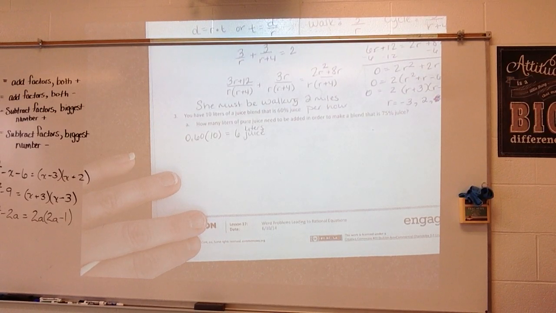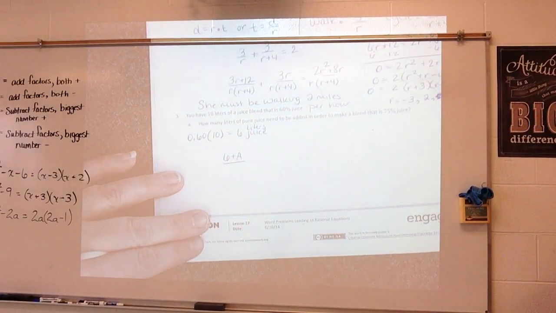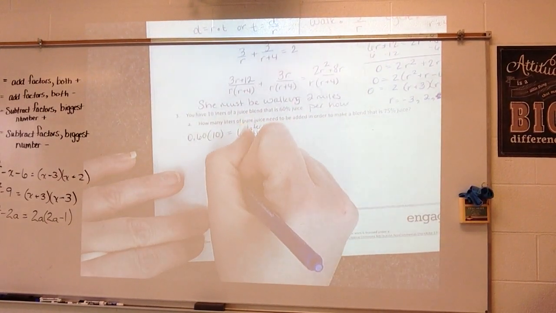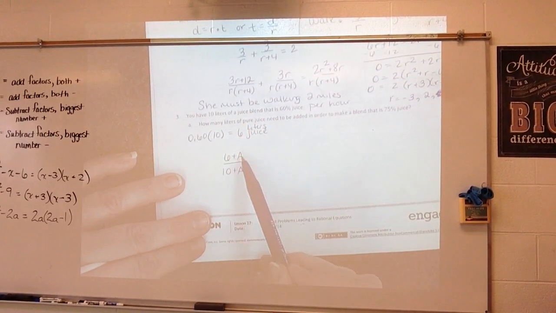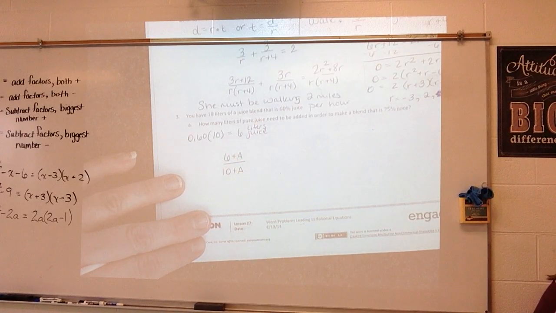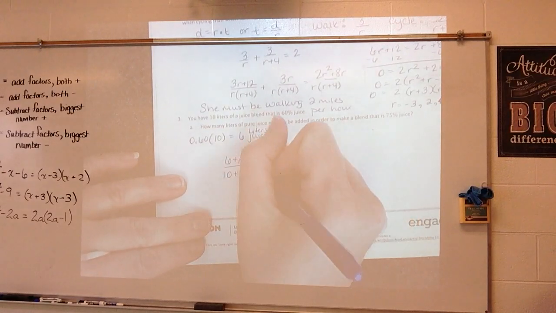So if we add A liters of pure juice, then the concentration of juice in the blend would be 6 plus A over 10 plus A. Because I'm adding an A amount. I want to add an A amount of real juice to the amount of the mixture. And we want it to have a 75% blend.